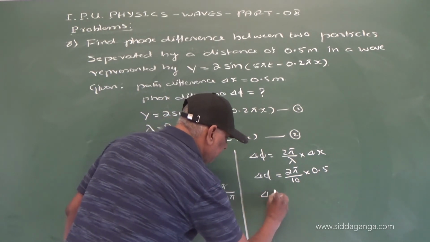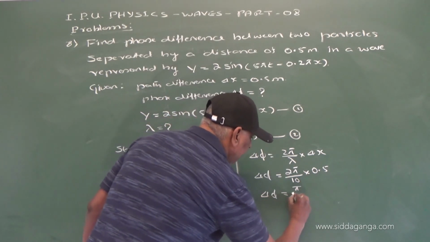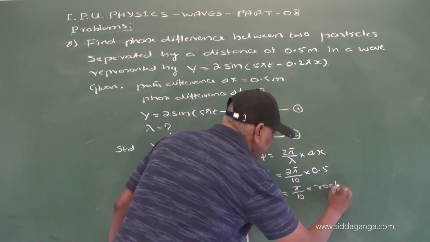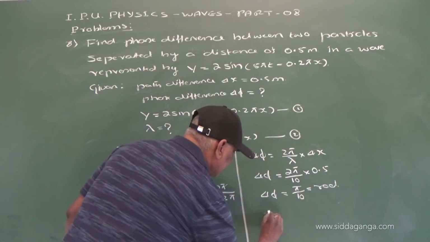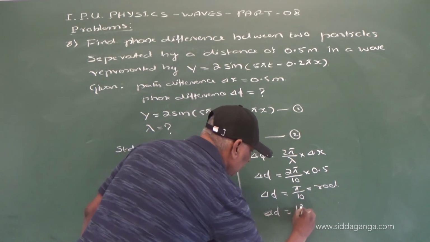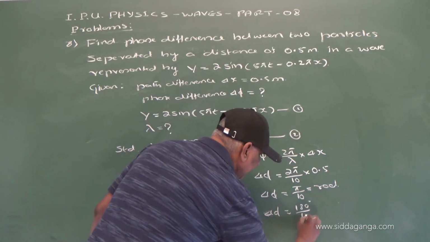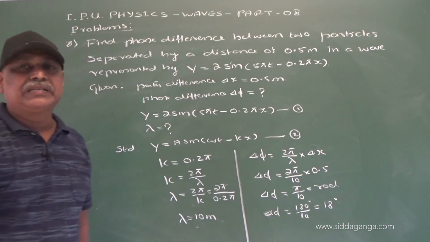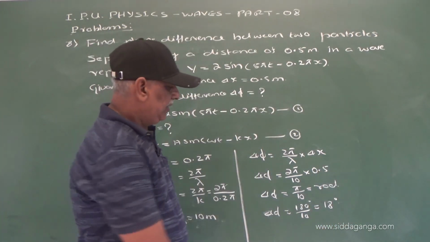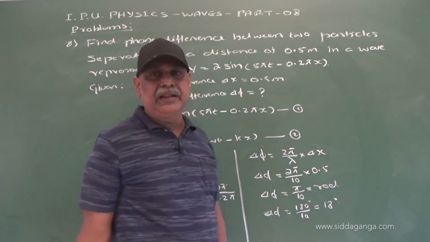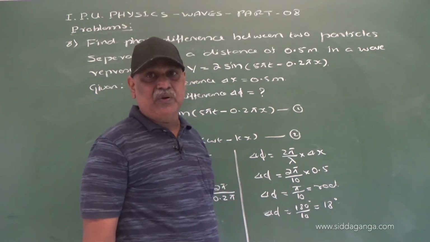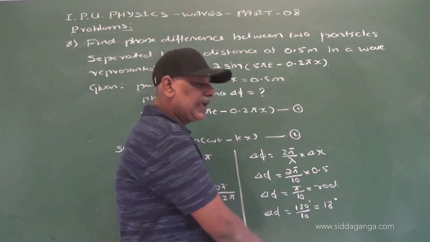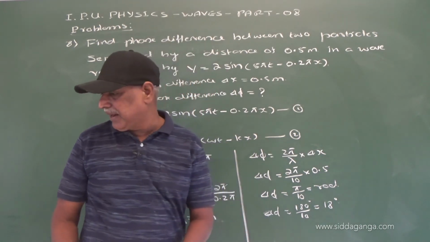So delta phi is equal to pi by 10 radian, or delta phi is equal to 180 degree by 10, or it is equal to 18 degree. So phase difference when expressed in radian becomes pi by 10, that is 0.34 radian, and when expressed in degree, it comes out to be 18 degree, right?